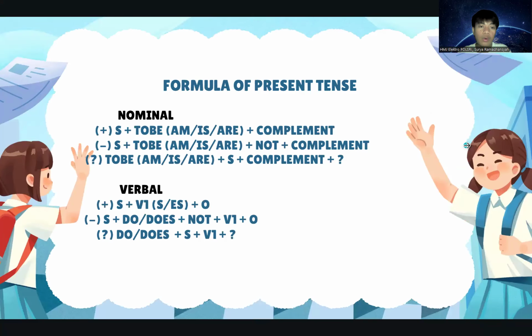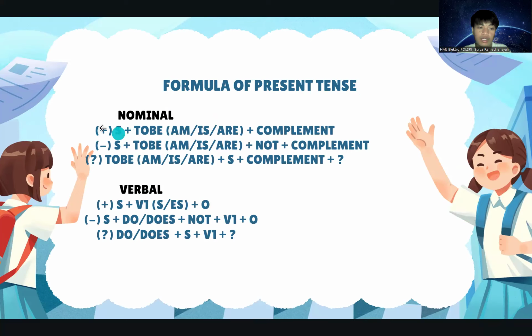Okay, we learn about the formula of present tense. The formula of present tense consists of two categories. The first one is nominal, and the second one is verbal. We go first to the nominal category.